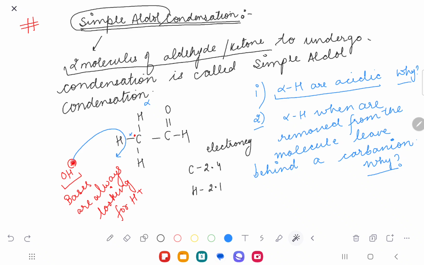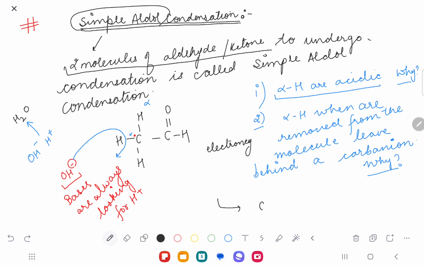So this OH negative is going to take up this proton and combine with H plus. What do you think the product shall be? The product shall be H2O. And what am I left with then?